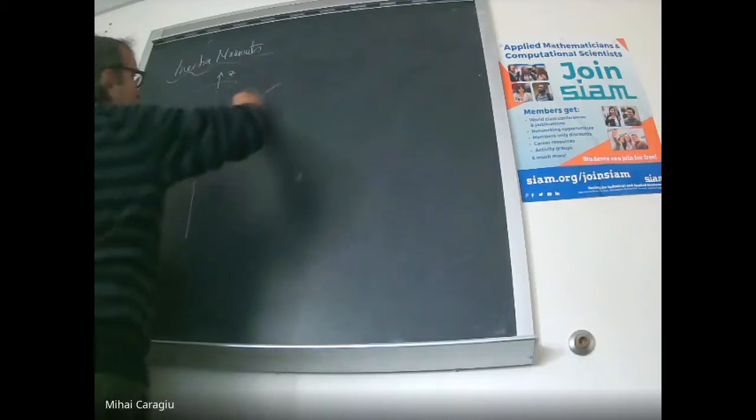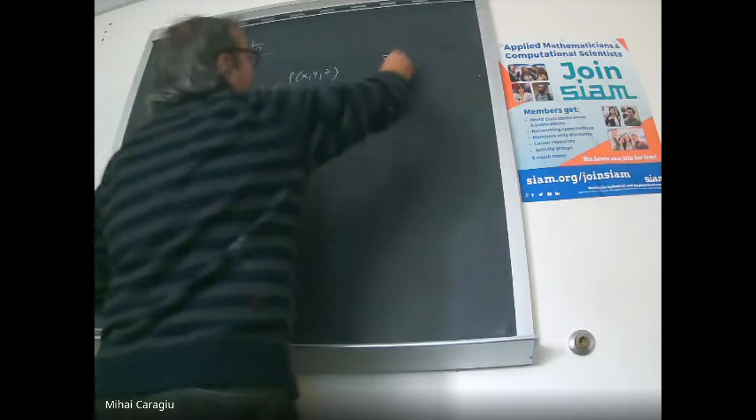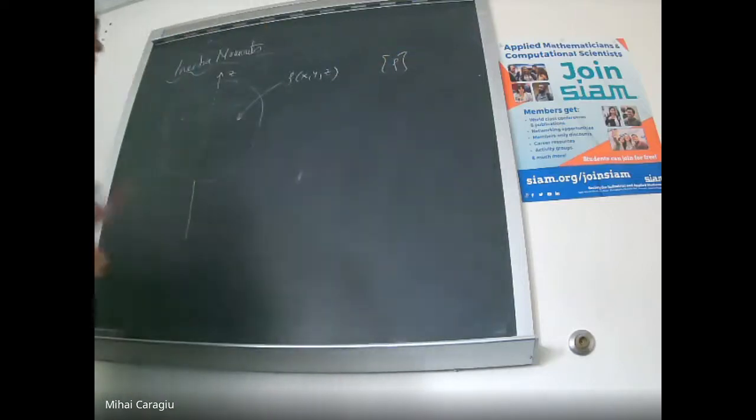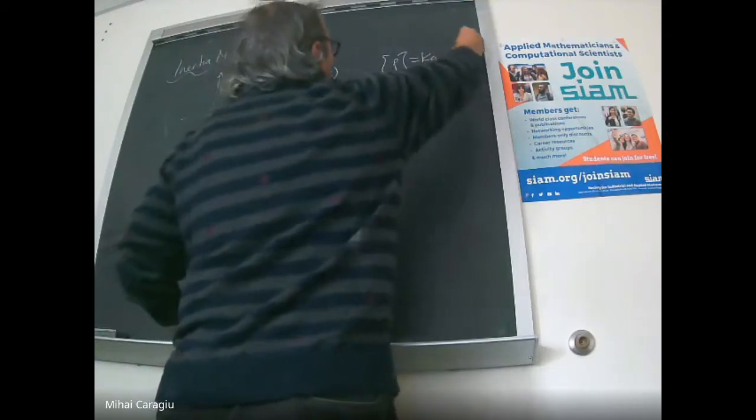This comes with a local density function, rho of x, y, z, where the dimension of rho is kilograms per cubic meter, kilograms meters to the power minus 3. So rho of x, y, z is the local density.